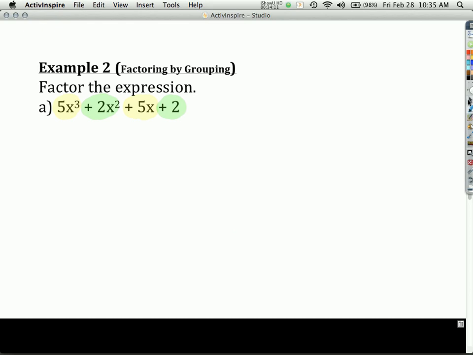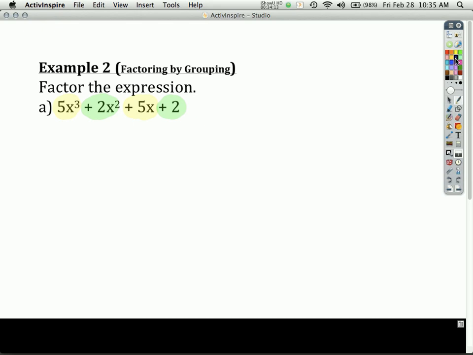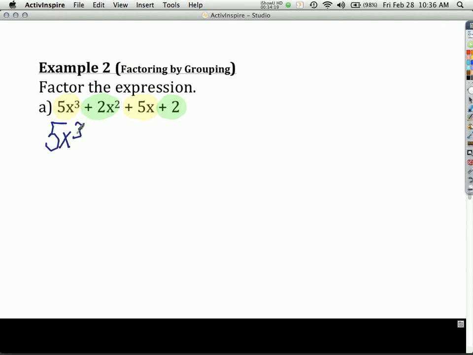It's almost like we're going to do this. I'm going to write it in a strange way, and then I'm going to show you how we really write it. I'm going to take the 5x to the third, and I'm going to move this over next to it, plus 5x. And then I'm going to take the 2x squared. It's almost like I've got 2 different expressions.